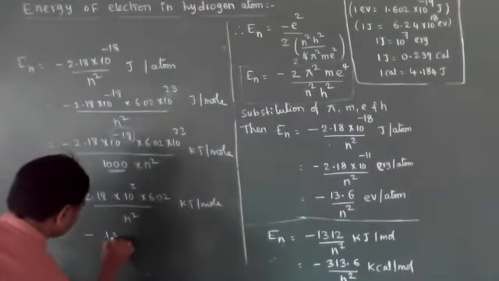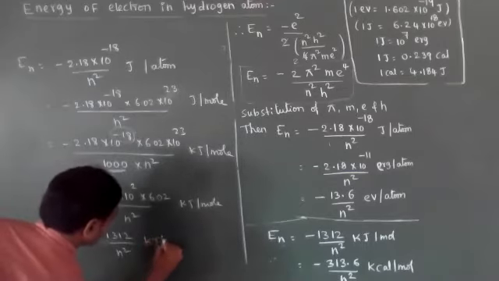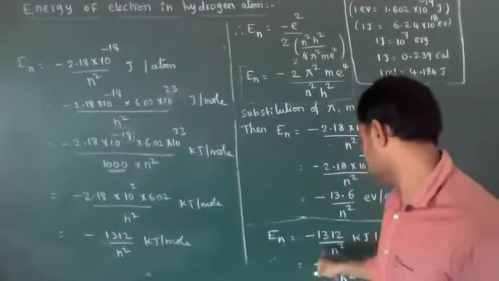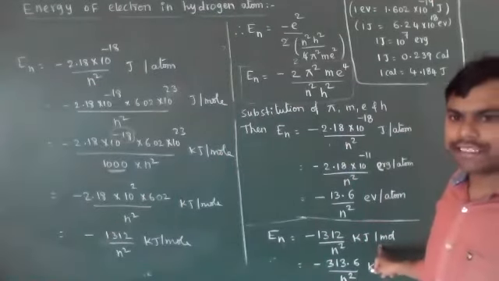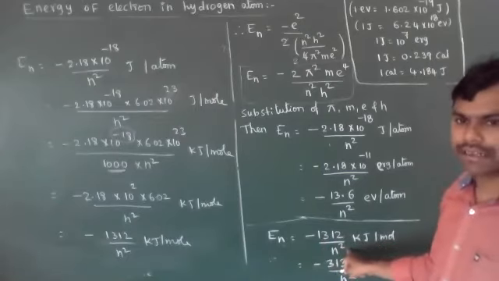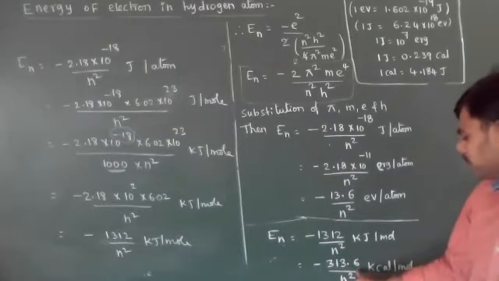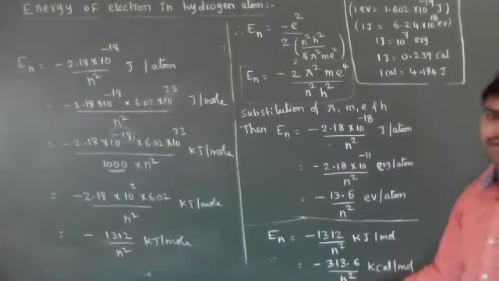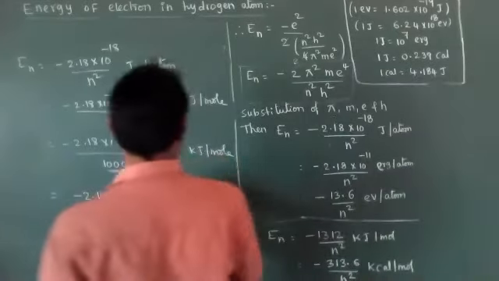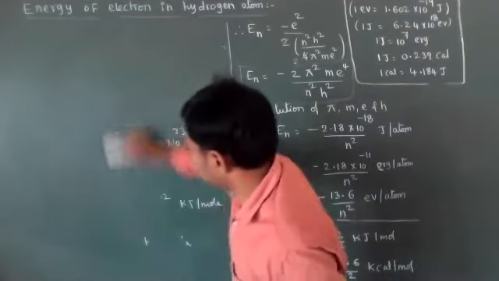Minus 1312 by n square kilojoules per mole. So like here I have written directly the value in kilojoules per mole. The energy of electron in nth orbit is equal to minus 1312 by n square. In kilocalories per mole, minus 313.6 by n square. Okay, so like that we get different formulas of energy of electrons present in nth orbit.